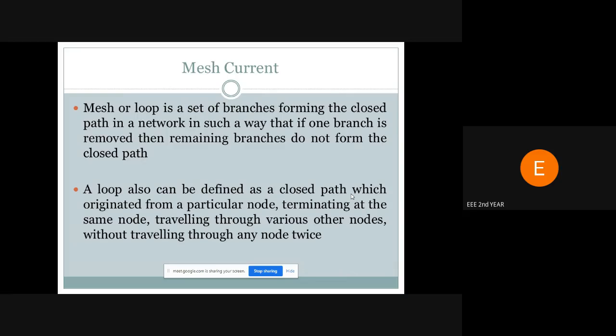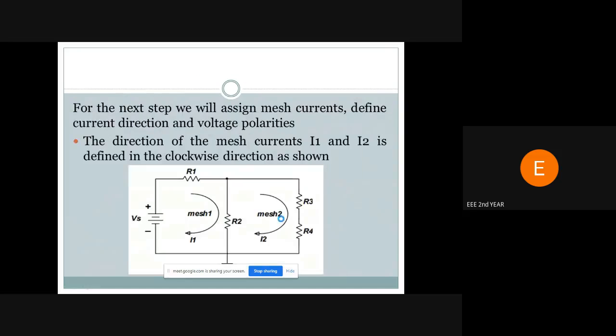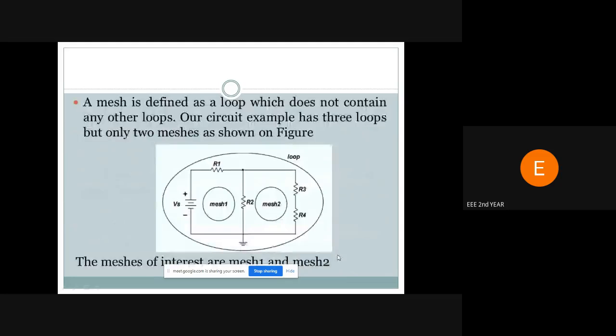Both are the same, but the one simple difference is that a mesh does not contain a loop, while a loop contains meshes. A loop can also be defined as a closed path which originates from a particular node and terminates at the same node. Suppose this is a network.